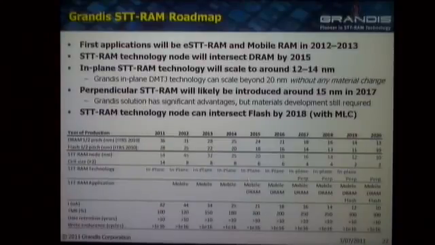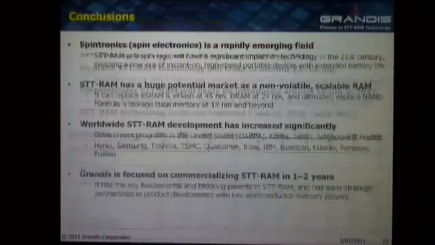It's probably going to be about 4 to 5 years before we can get down to a 6F squared and a DRAM compatible process. And then later on, once you get down below 20 nanometers and you can get down to a 4F squared, the perpendicular MTJs will come in. So that's how we see things evolving, and I think this will go on the website after the conference. Everybody can take a look.